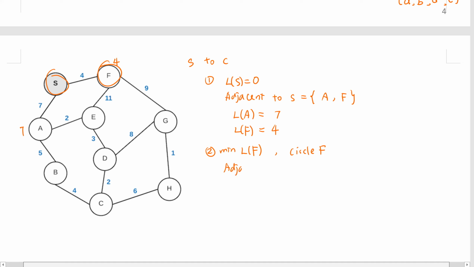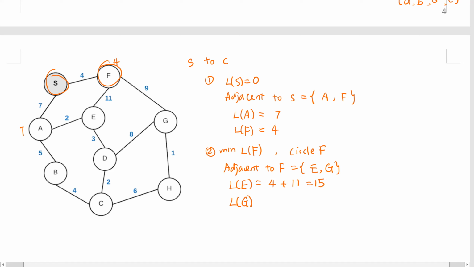Okay, then we want to find the vertices that are adjacent to F. Well, this is E and G, right? E and G. And then we have L(E) and L(G). So L(E) is from F, which is labeled as 4, and then plus 11.